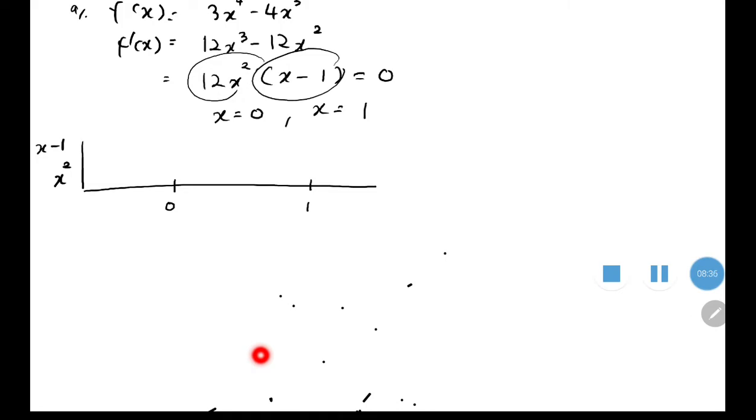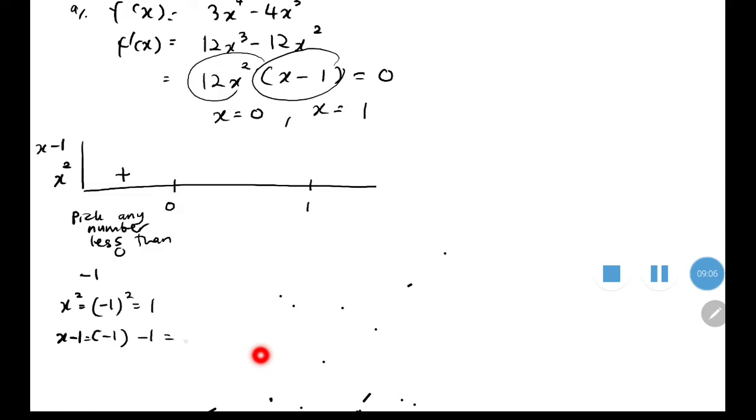Okay, so now pick any number less than 0. I want to pick minus 1. So minus 1 squared is 1, so positive. And x minus 1 is minus 1 minus 1, you will get minus 2, so negative. Positive times negative, you will get negative.